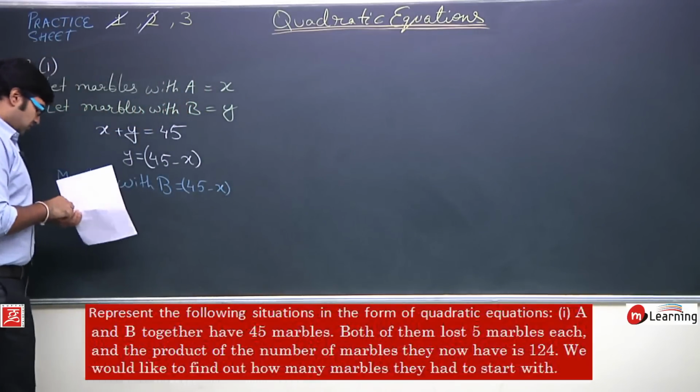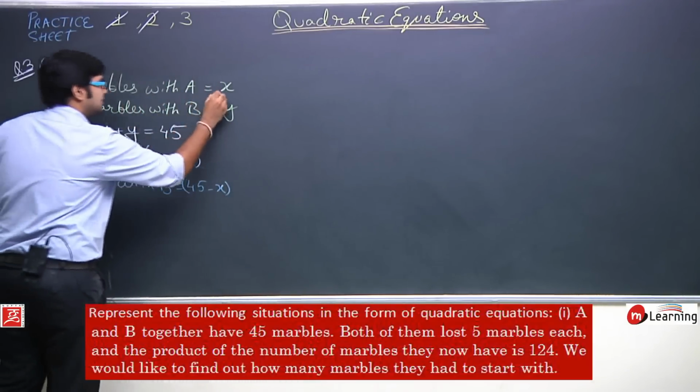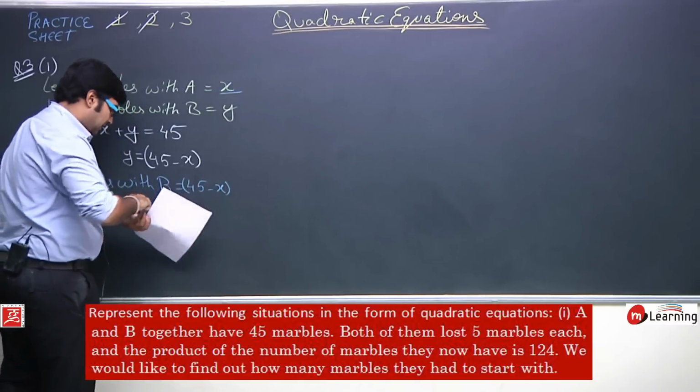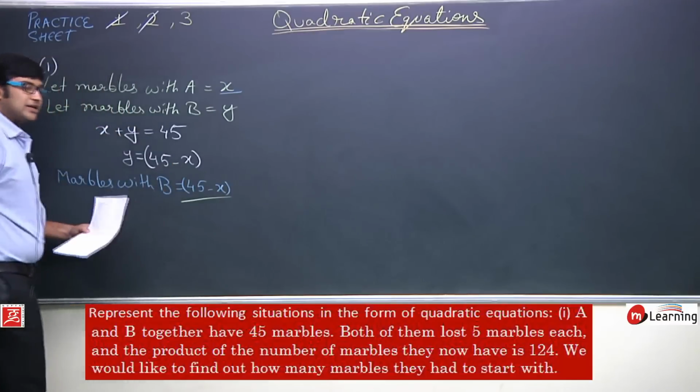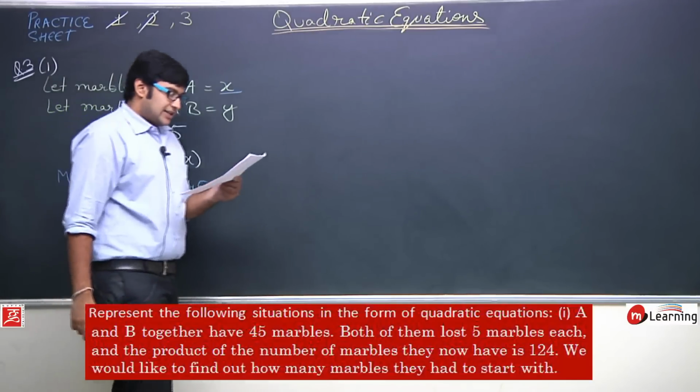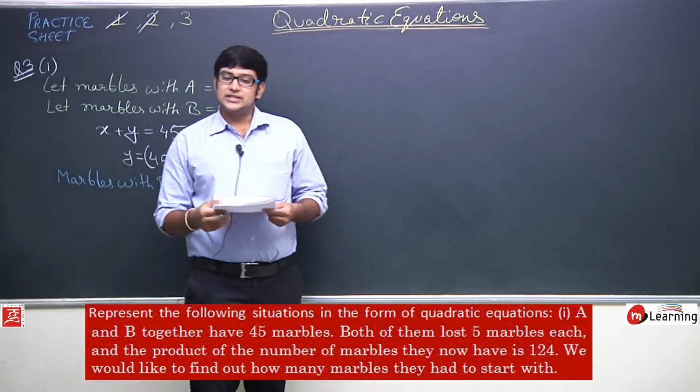So we have marbles with A is x and marbles with B is 45 minus x. Now it says both of them lost 5 marbles each.